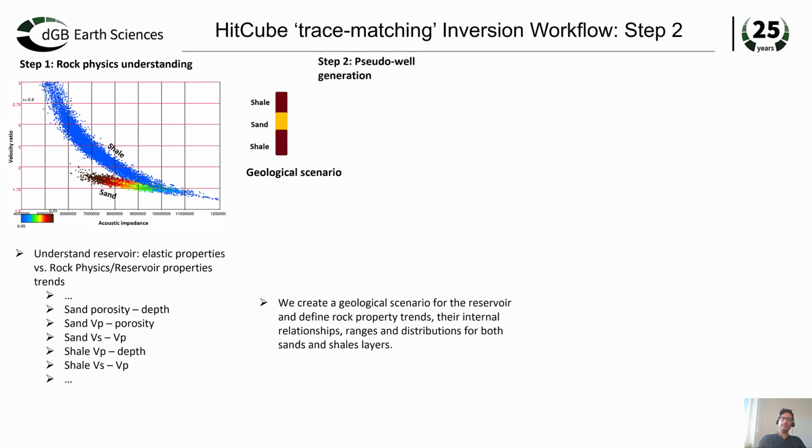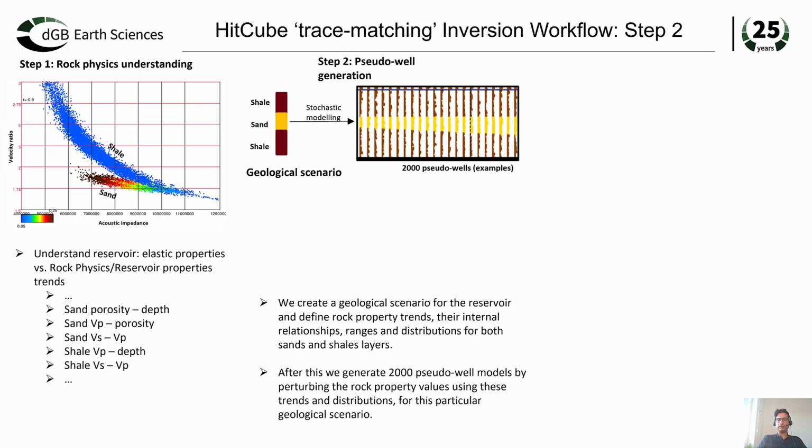The second step is to create a stratigraphic model or a geological scenario. For example, a simple sand shale model, and define in here the rock property trends and internal relationships and distributions for various lithologies that have been analyzed in step 1 of rock physics model creation.